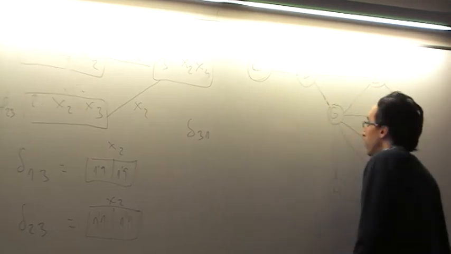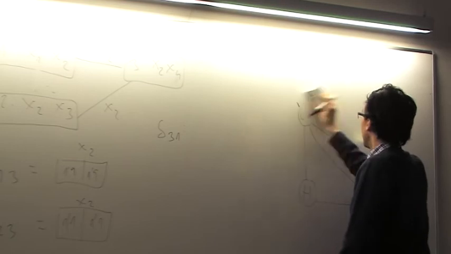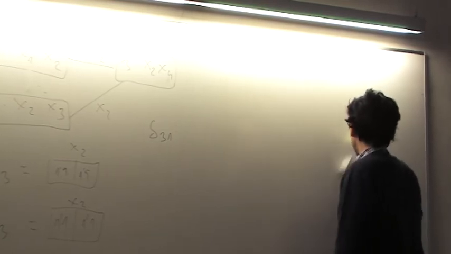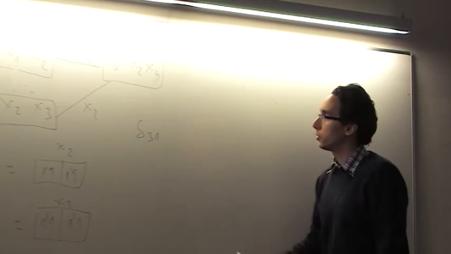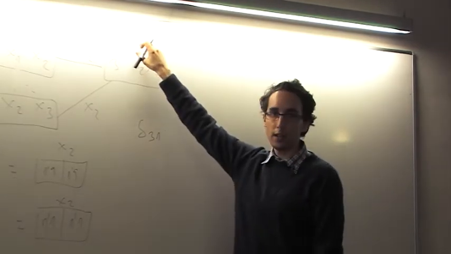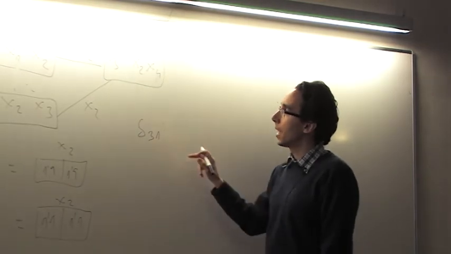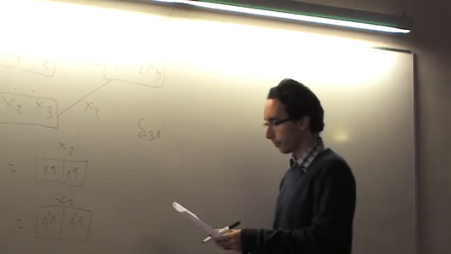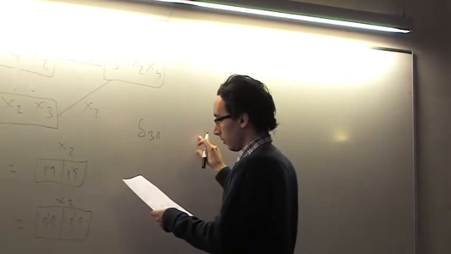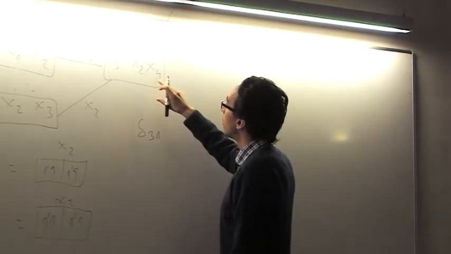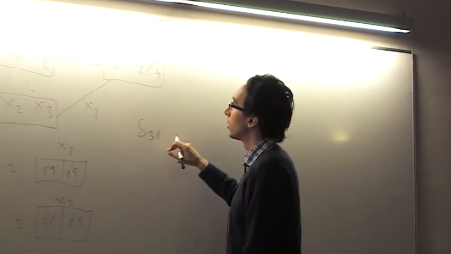This message is going to be the product of the potential associated to the node, this factor, times the incoming messages that are not sent from this connection.